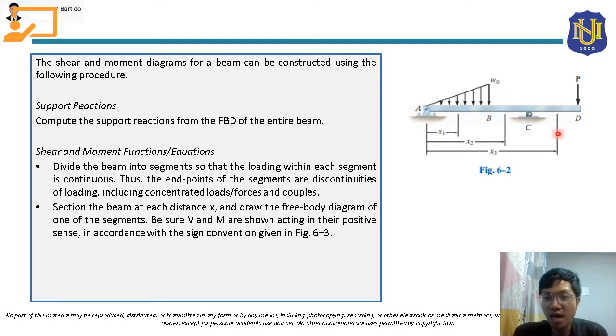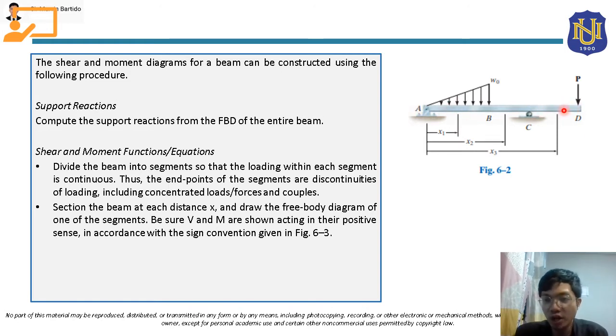And also here, class, let's say for segment CD, we will cut a section here, let's say at section x sub 3, or distance x sub 3 from the left. Here, class, we can consider either this right segment or this left segment.